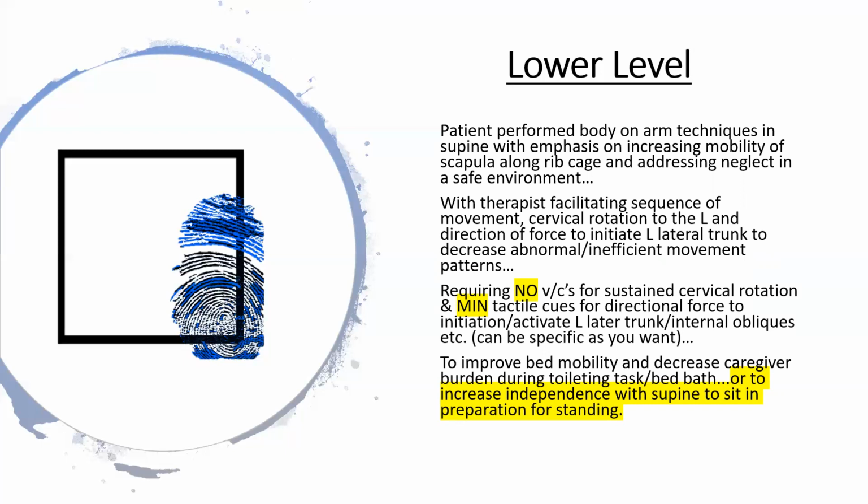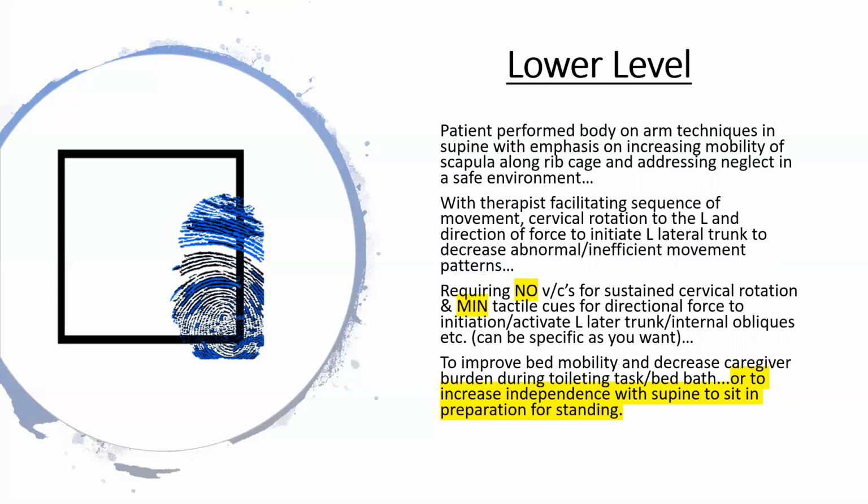So you can just change those two things, or you can say, now I'm doing it because they had mentioned they are having difficulty getting into a sitting position in bed. So now I can just change it to, I'm doing all of that to increase independence with supine to sit in preparation for standing. Well, why are we doing that? Oh, for functional transfers. So you can add that piece as well.